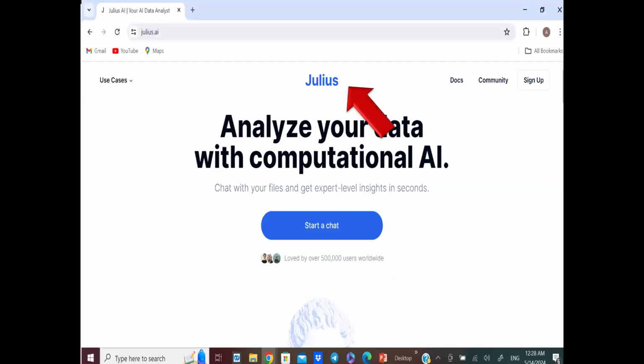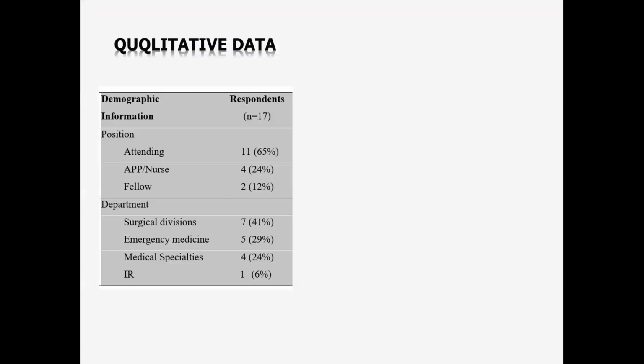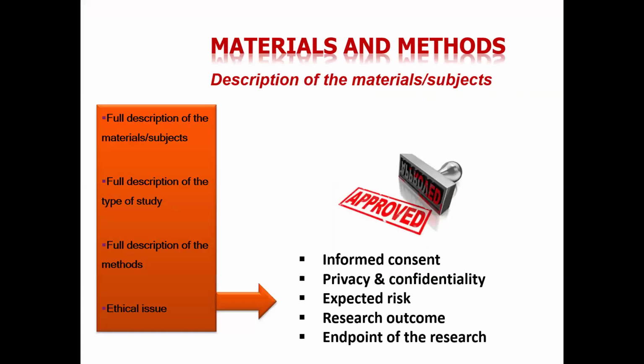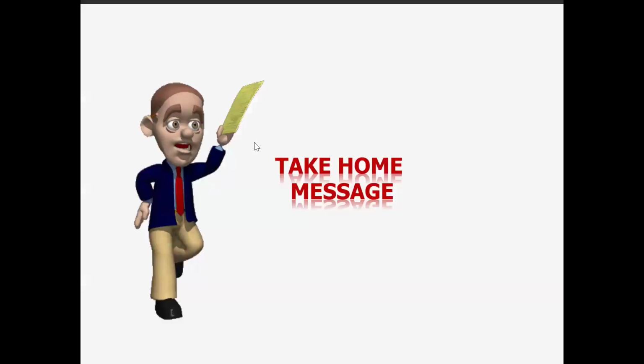And I can use a site called Jaries for analyzing the data or for doing some qualitative data analysis, etc. The last part of the material and method is, if I'm working with patients or students or anything like that, I have to say what informed consent I used, and I have to say that I assure the privacy and confidentiality of the participants of the study, and I have to say if I expected some risk in this study.